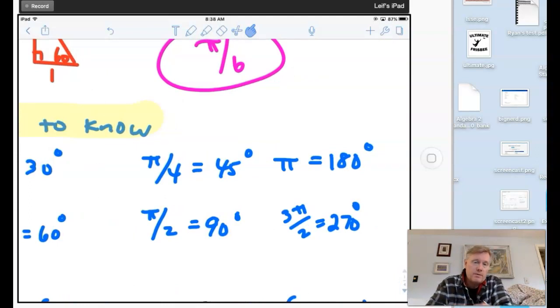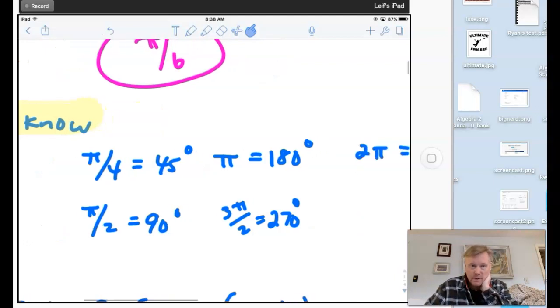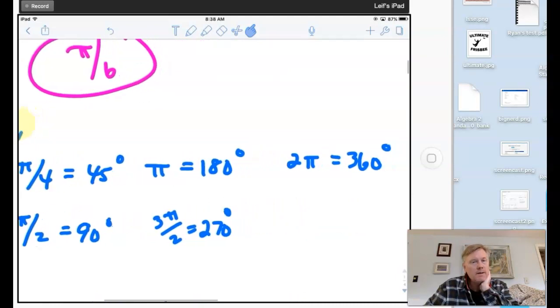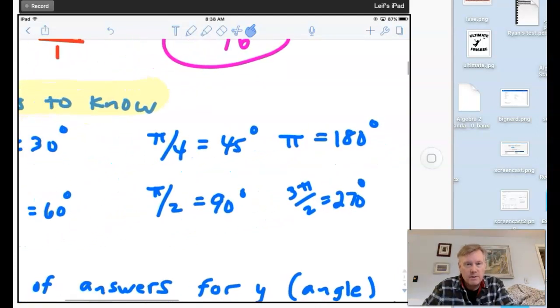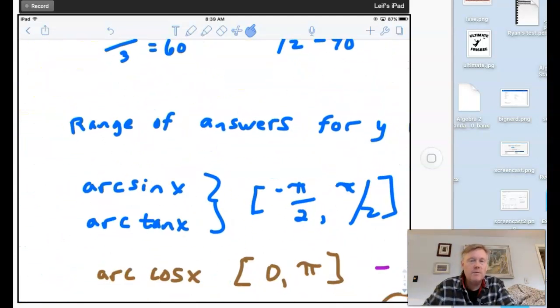So if I know 45 degrees, I can find 90 degrees by doubling it. 45 degrees is pi over 4. Pi over 4 times 2 is pi over 2, just like 1/2 is twice 1/4. And if I know 90 degrees, I can find 180, 270, and 360, which are the other values you should know. Pi is 180, 3 pi over 2 is 270, and 2 pi is 360. So these are values that you're going to need to know for this particular chapter.